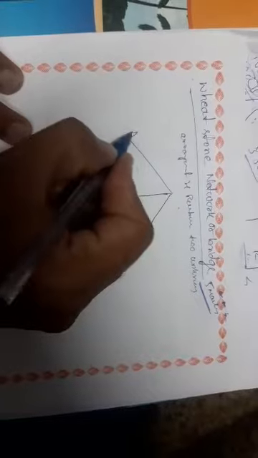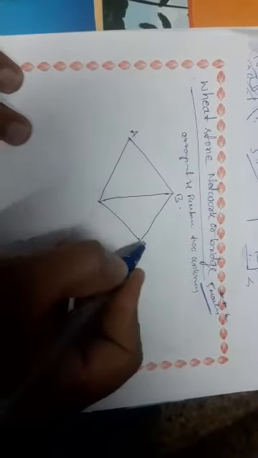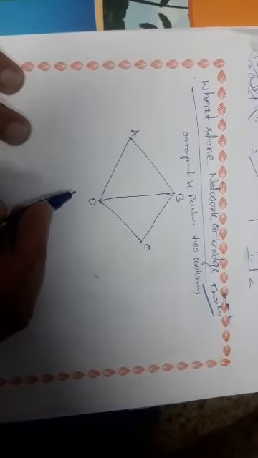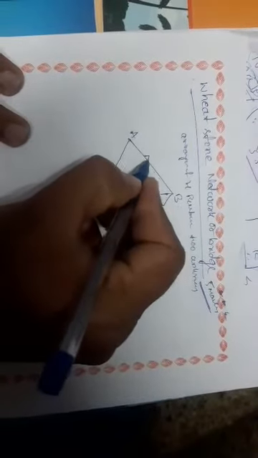That is A, B, C, D, a rectangular circuit. This circuit consists of 4 resistors. That is the meaning of Wheatstone network. It consists of 4 resistors.